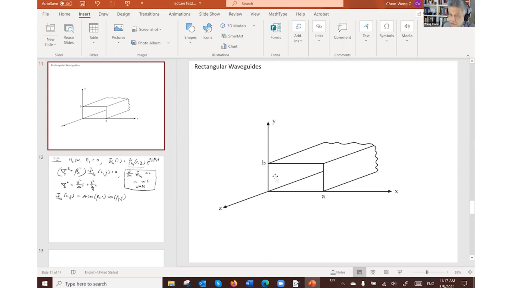Anybody? Also on this waveguide wall, the two walls are parallel to each other. The two normals are also the same. So the normal derivative on this waveguide wall is the same as the normal derivative on that wall.